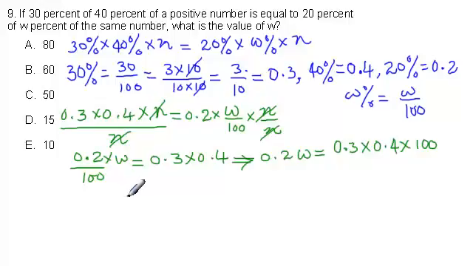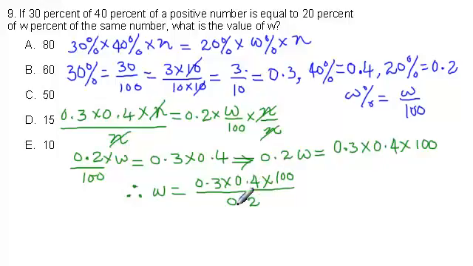Now the final step is to divide both sides by 0.2 to get W by itself. So that means W is equal to 0.3 times 0.4 times 100 divided by 0.2.